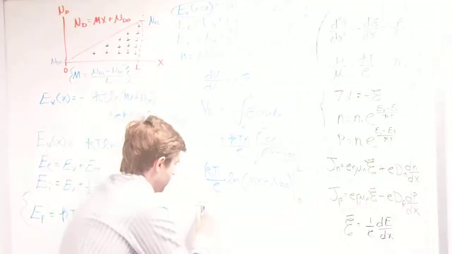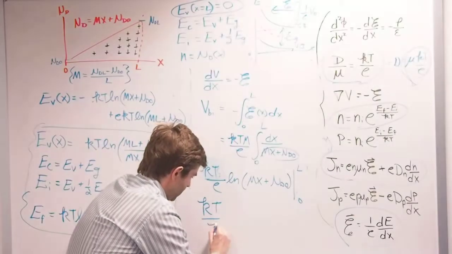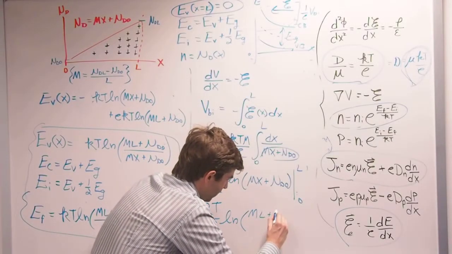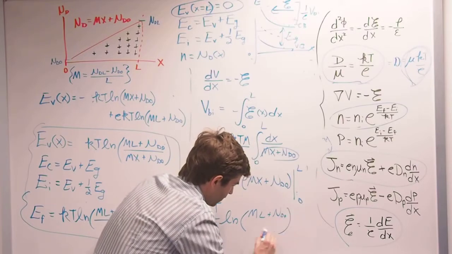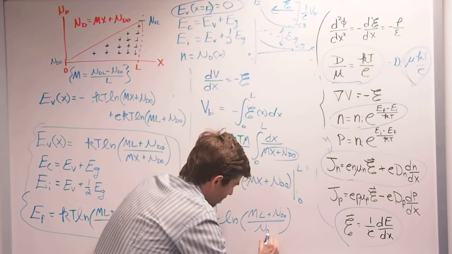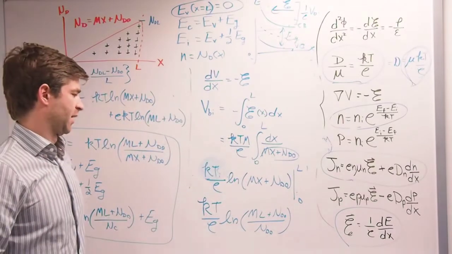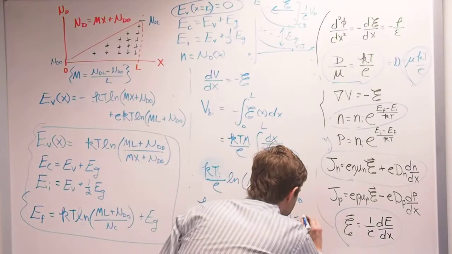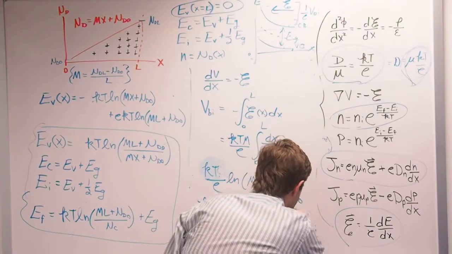What does that give me? kT over e. After some simplification, it gives me ln of (ML plus n d naught over n d naught). And that's what we get from that term, so this is our built-in potential VBI.